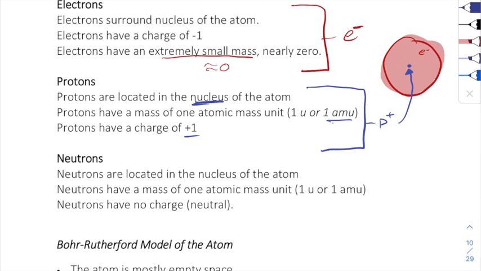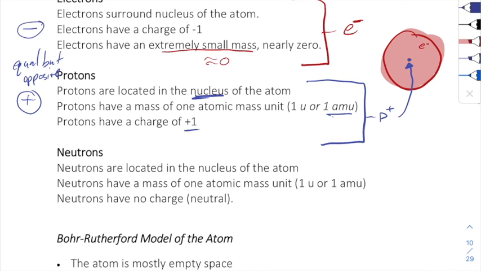Now, this is really important: notice that electrons are negative and protons are positive, and they're exactly equal but opposite. Equal magnitude but opposite in nature.